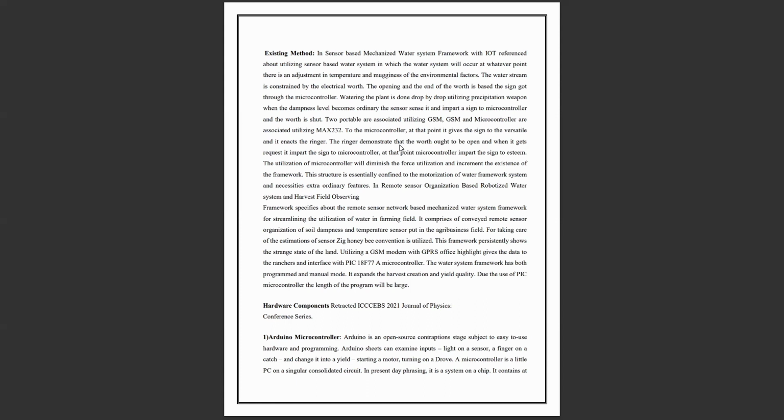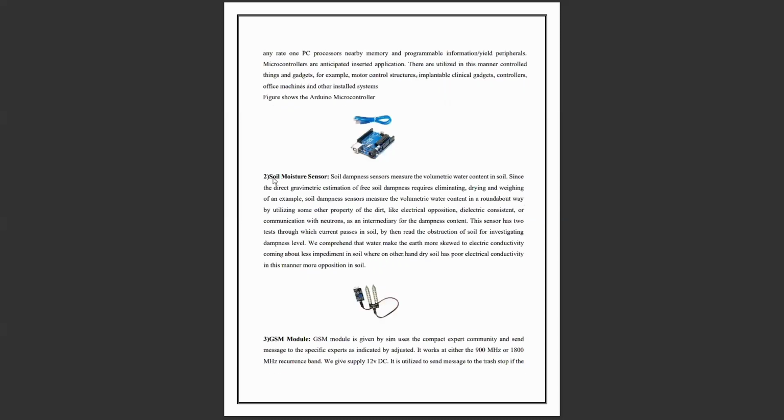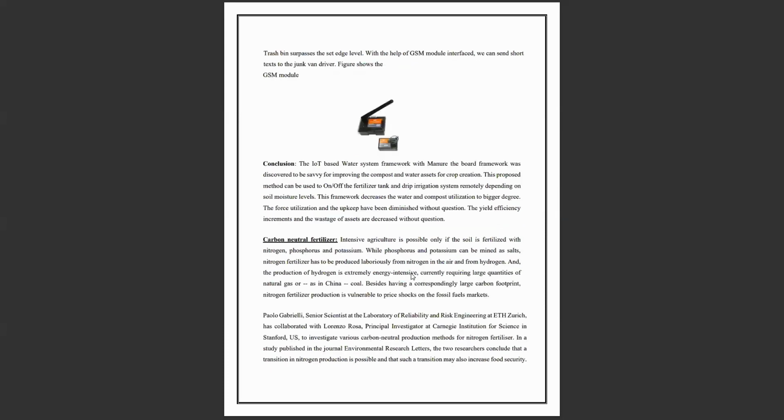The farmer inputs specific alphanumeric values relayed to the controller through the GSM module, which then triggers the electric valves to determine the duration of valve opening. This process allows the fertilizers to mix with water in the tank before being dripped into the fields using the drip irrigation method.